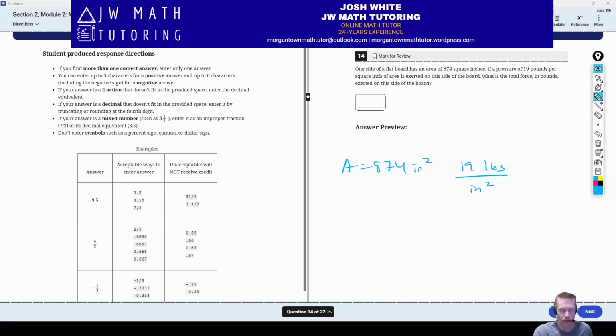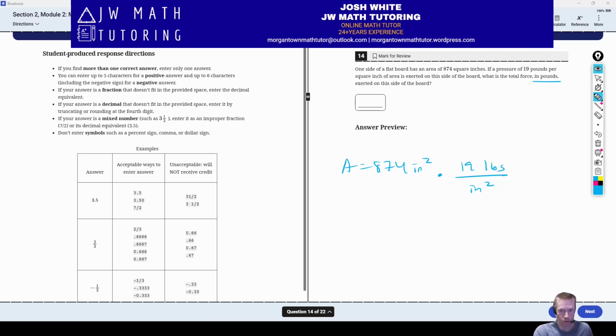So here's the thing. Even if you don't know the relationship between area and pressure and force, you're not expected to know that. That's totally fine. What you have to pay attention to is the units. The total force, which they're asking for, is in pounds. So we have pounds per square inch, and then we have square inches.